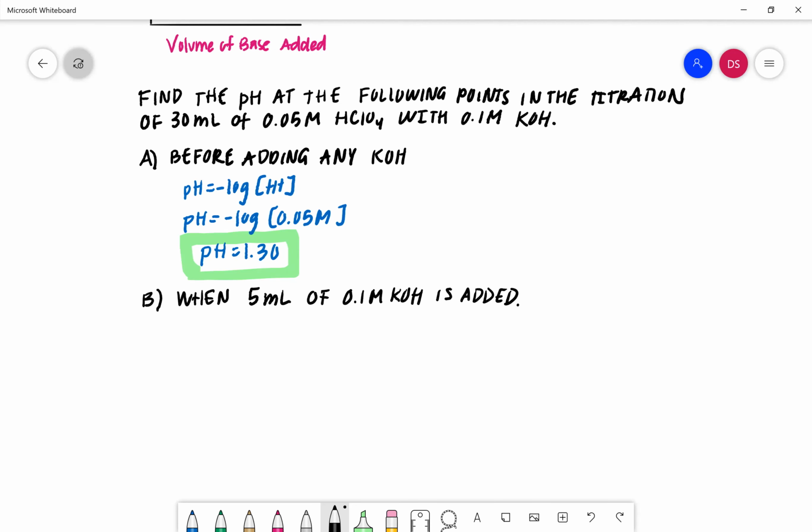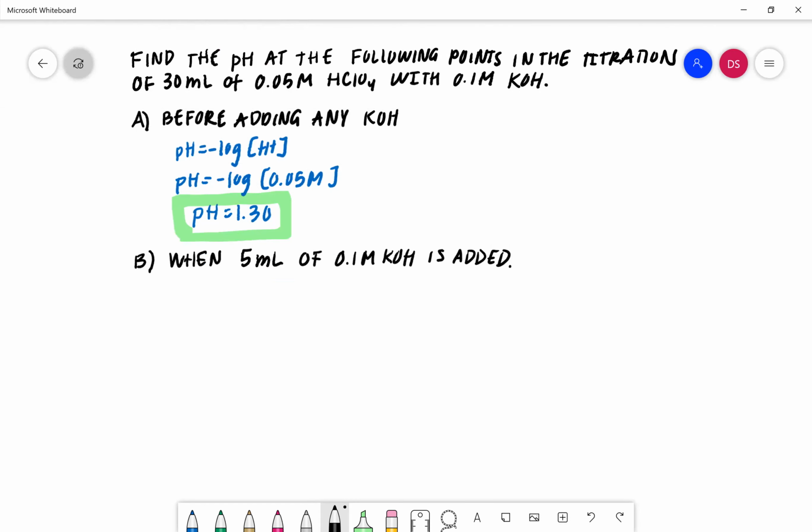For a strong base analysis, we should always start off by writing out the reaction. So here we have perchloric acid plus our base, yielding water and potassium perchlorate.